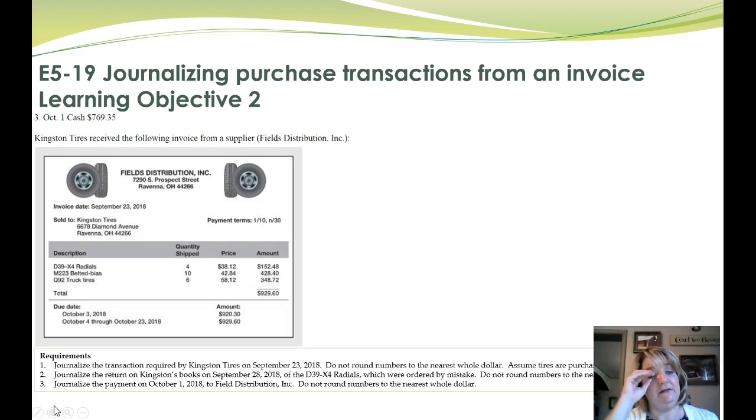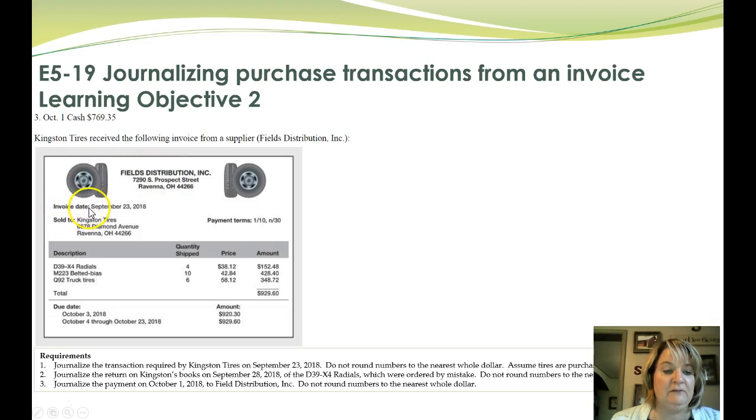So what we have here, it gives you the following information, that as of October 1st, you have cash of $769.35. And Kingston Tires received the following invoice from a supplier, Fields Distribution, Inc. Here is the invoice.